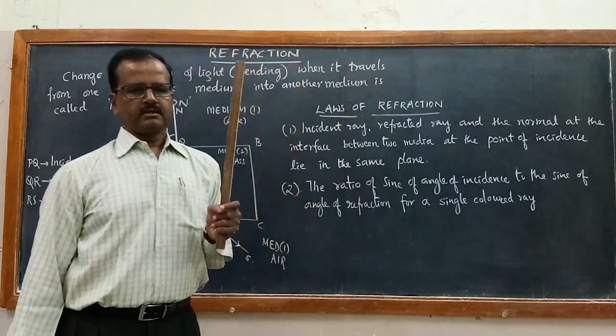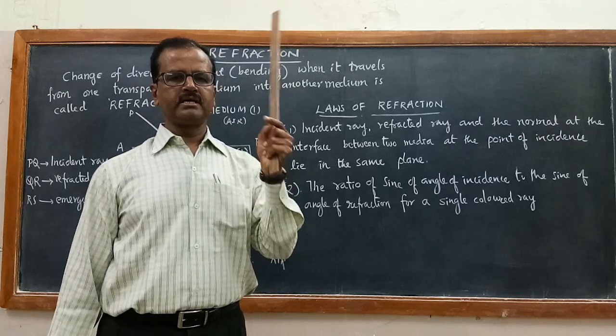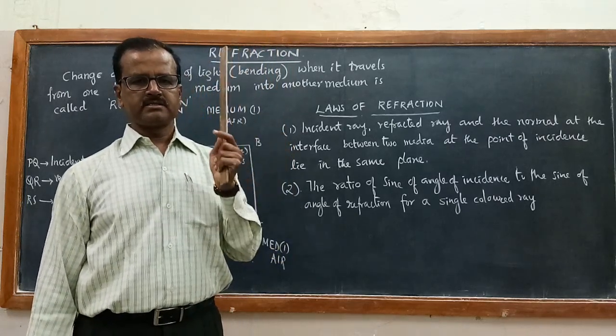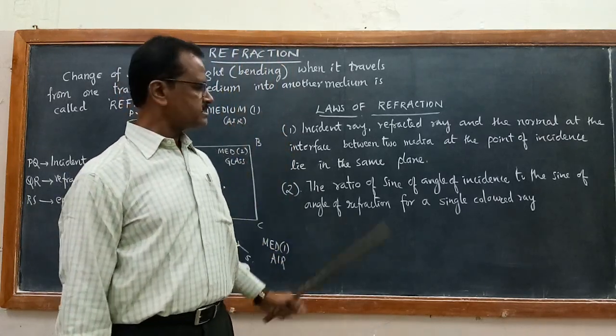Monochromatic means the light having a single wavelength, light having a single color is called monochromatic.